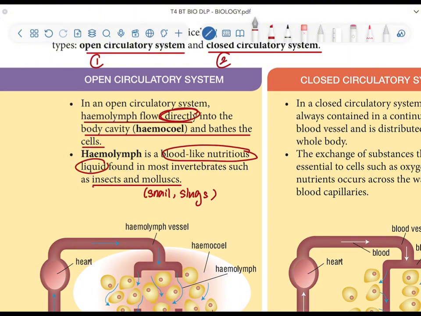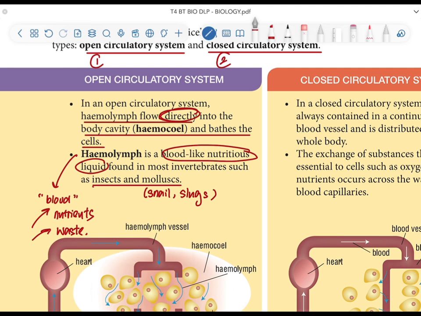You can imagine this hemolymph as the blood in multicellular organisms like humans. It is a blood-like nutritious liquid. I ask you to imagine it as blood, because blood contains nutrients and can also contain some waste.